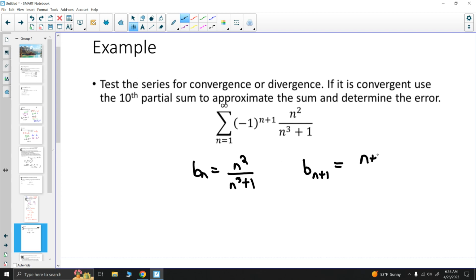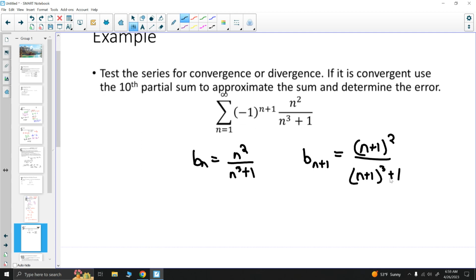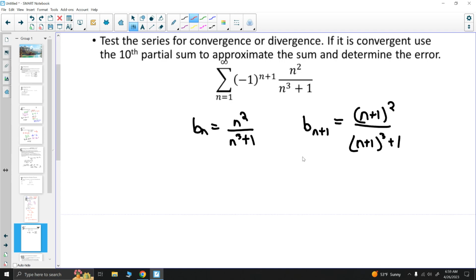Because this is n plus 1 squared over n plus 1 cubed plus 1. The problem here is that both the top and the bottom are kind of changing. And you might say, well, the top is growing, sure, but the bottom's growing faster because it's cubing instead of squaring.